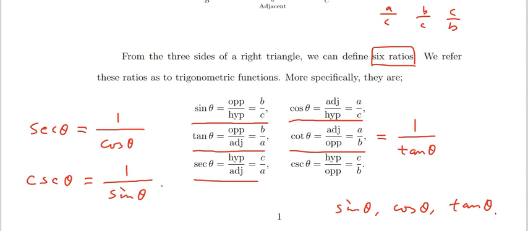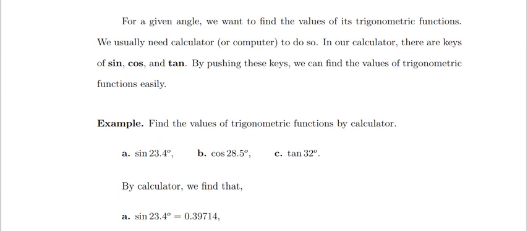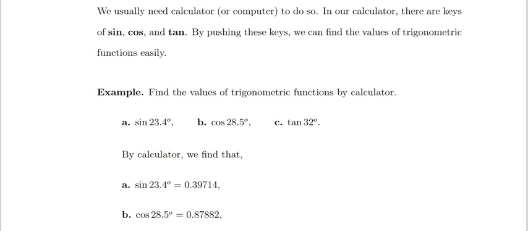So for a right triangle, if this angle is fixed, then this ratio is fixed. Let's say this is A over B, so this ratio is always fixed, right?